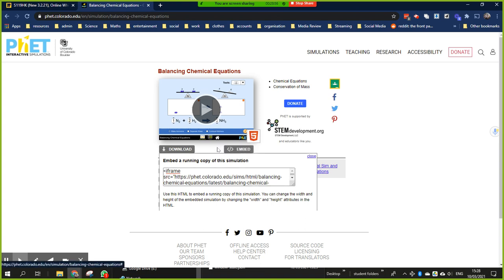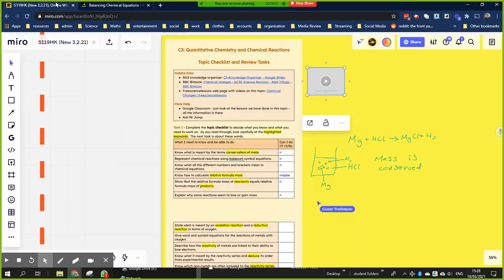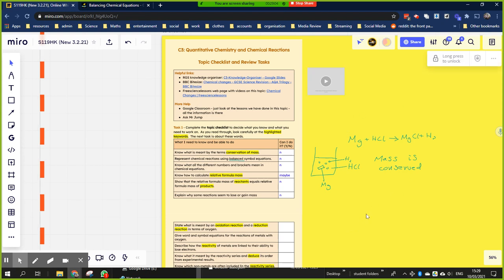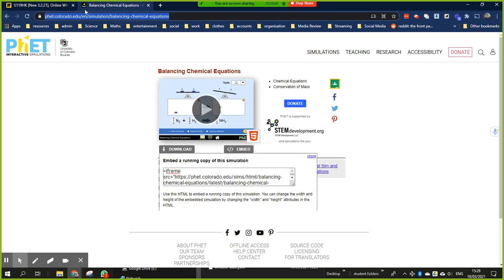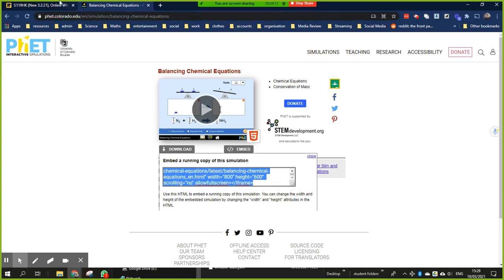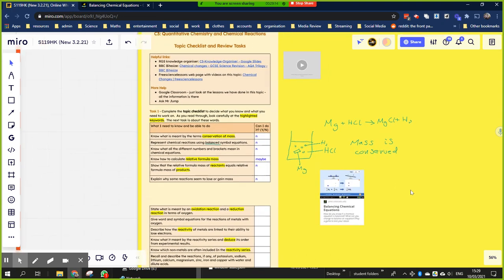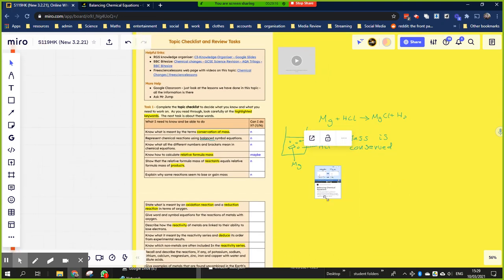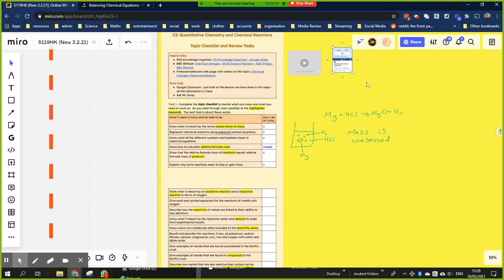Now, for working with Miro, I find this quite useful. First, we could just copy the link, go back here and save, and that's going to load up. Or you can get something called embed, and you copy that, go back here. Balancing chemical equations, move that up there.